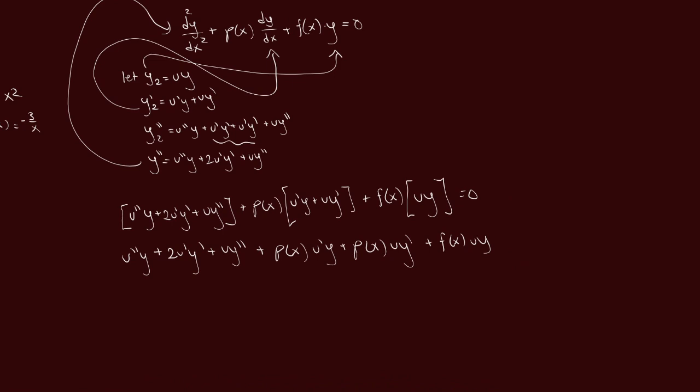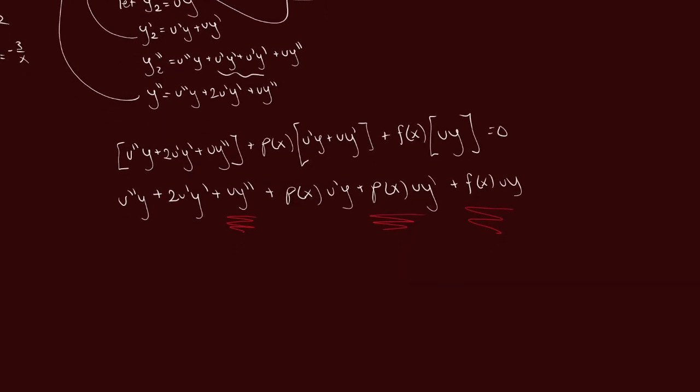Now notice something interesting here: this part, this part, and this part. Let me put them all on one side. So we have u times y double prime plus p of x y prime plus f of x y.